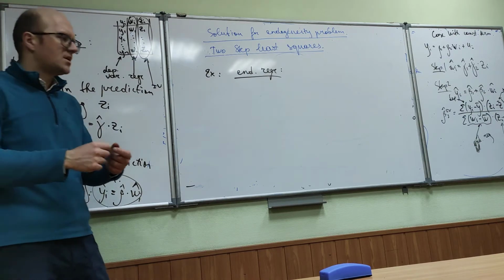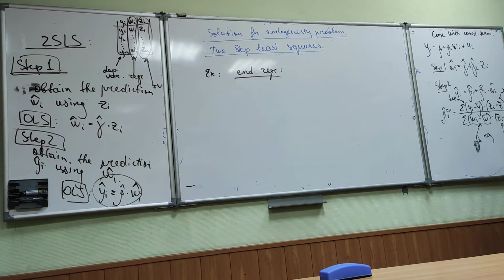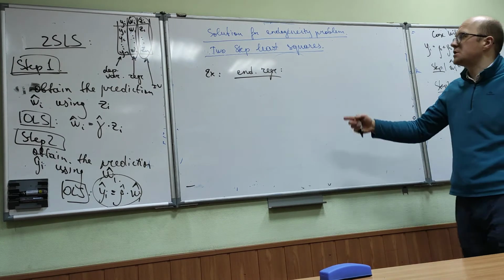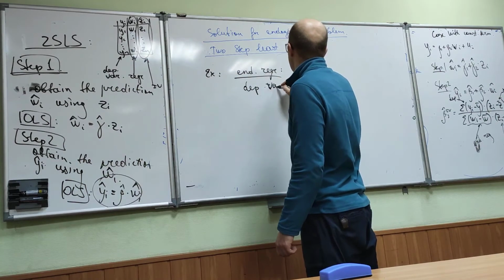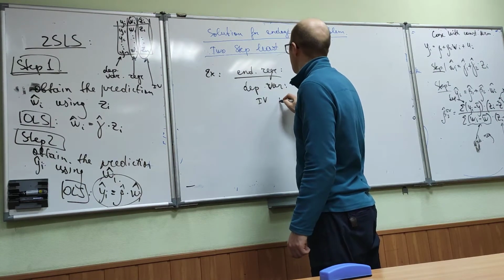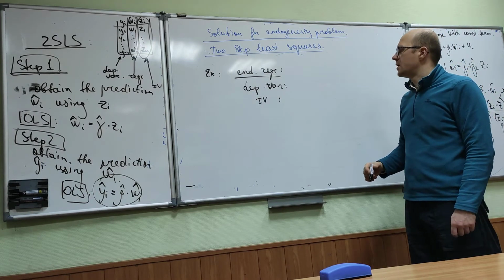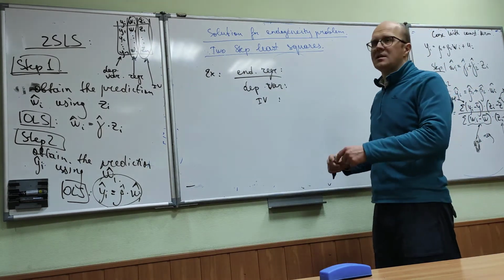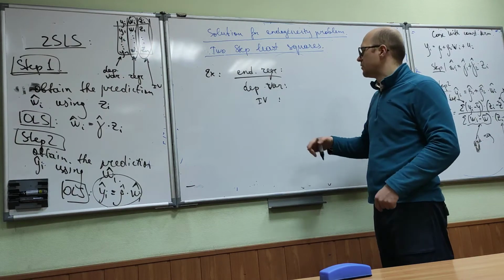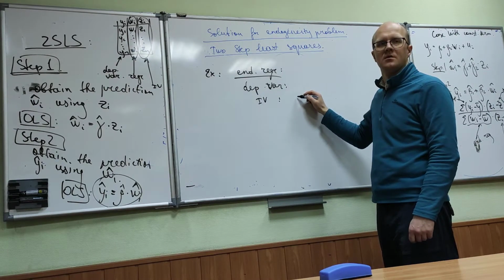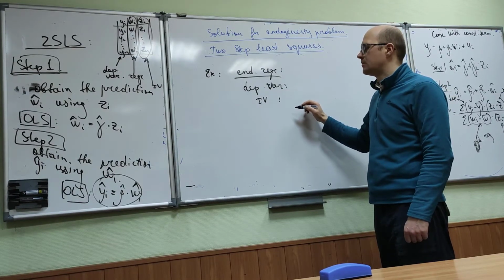It's important to keep track of roles, not of notations. Who was the endogenous regressor? Who was the dependent variable? Who was the instrument?